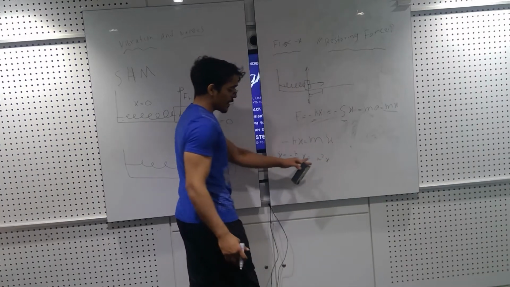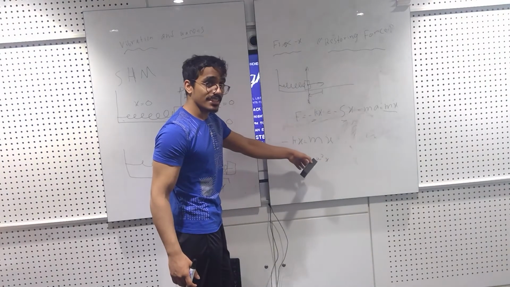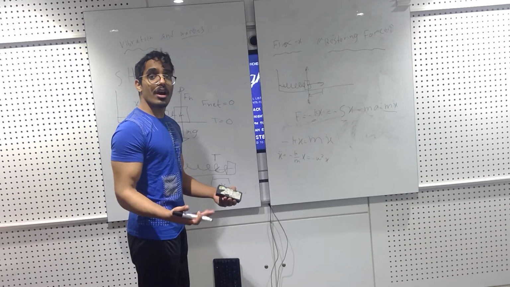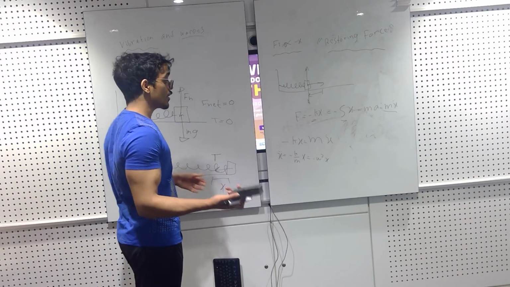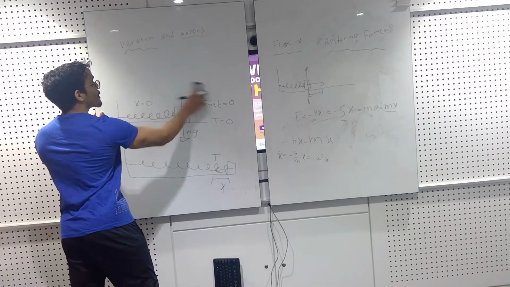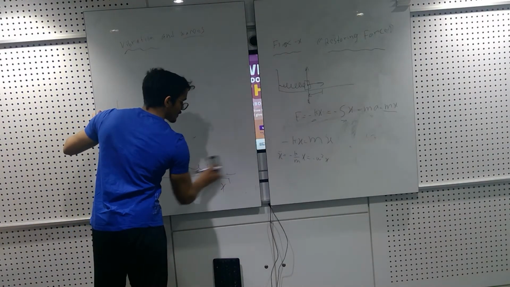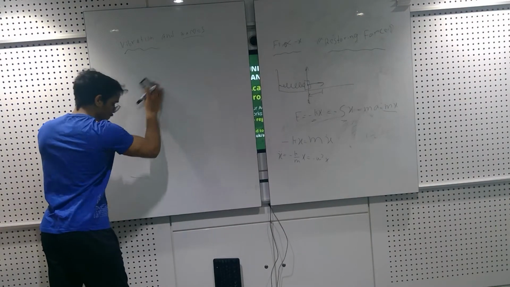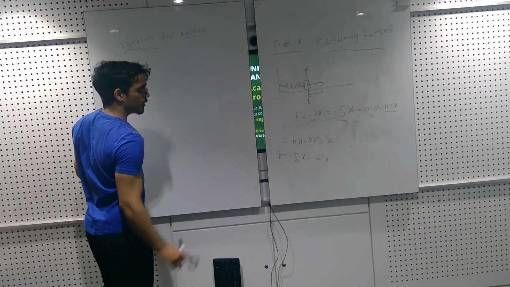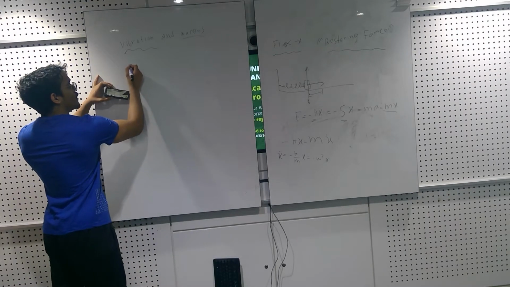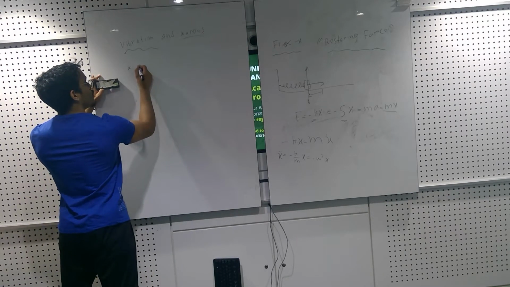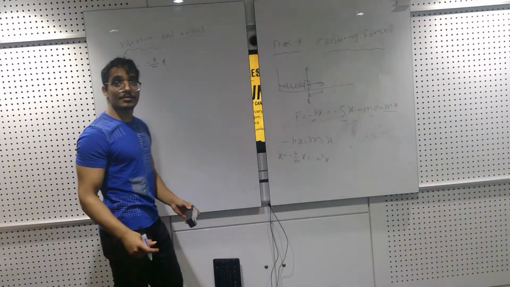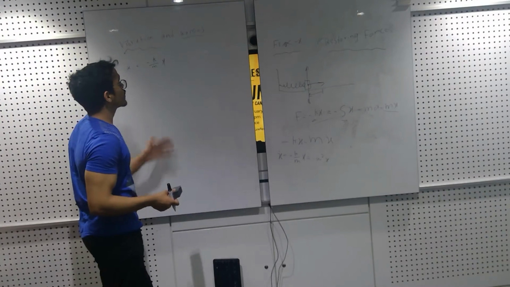This may not make sense right now why we call it omega, but we're going to see why. So we reach a differential equation in time, equal to negative k over m times x.